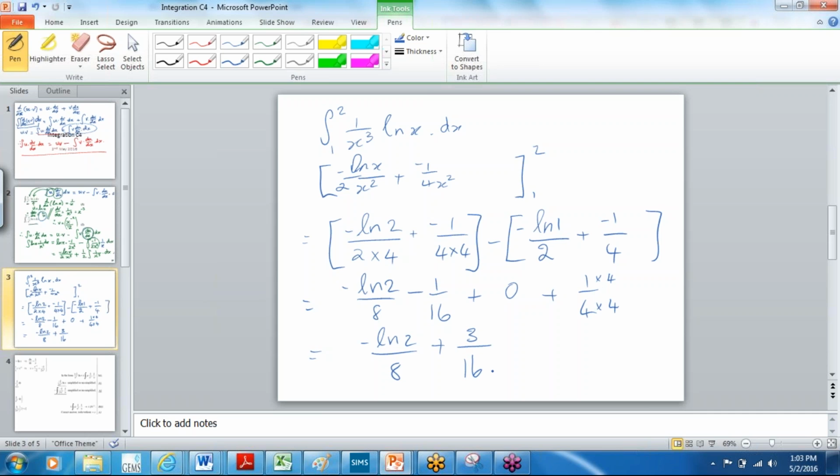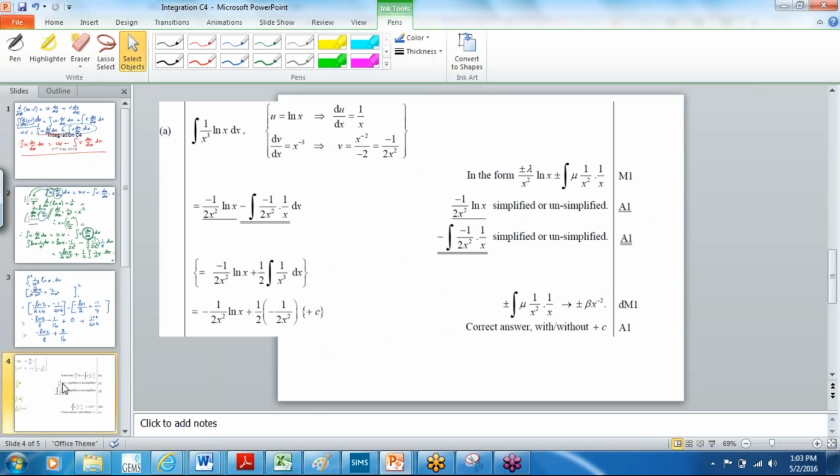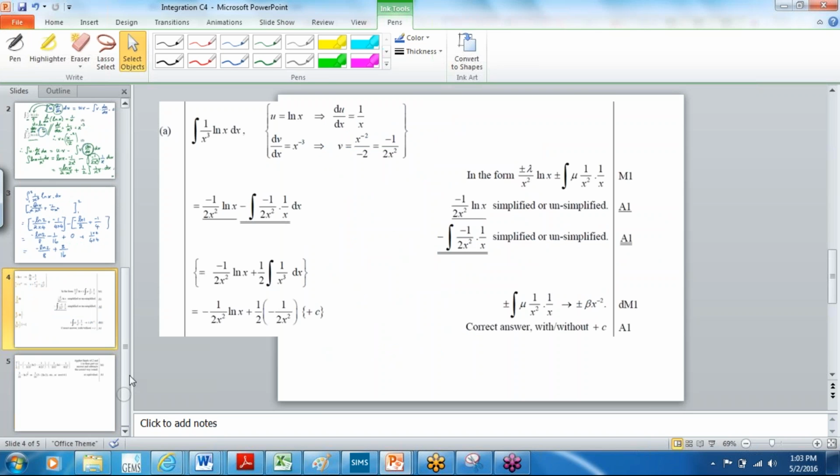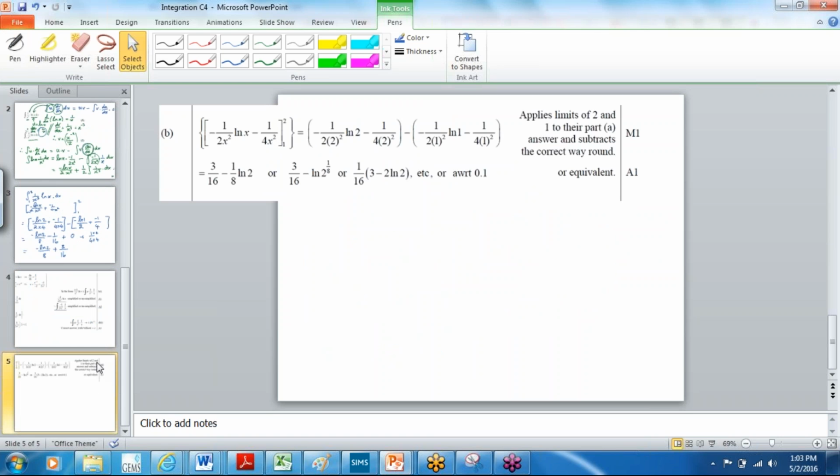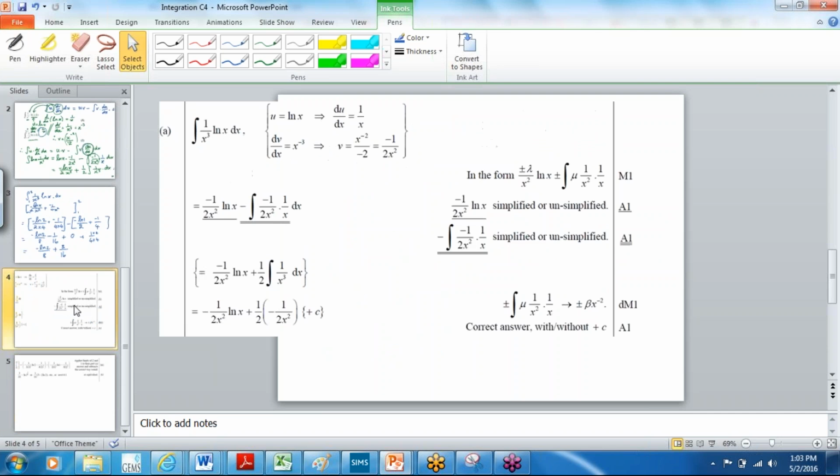Okay, let's have a look at the solutions that we've got. The first answer was negative 1 over 2x squared times ln x, plus negative a quarter over x squared, plus c.